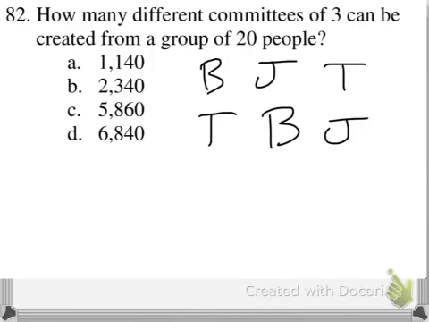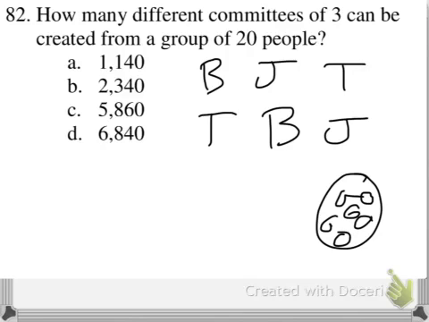So therefore, this is like our combination pizza, because it doesn't matter what ingredients you put on first on the pizza, it is still the same pizza. A Hawaiian is a Hawaiian no matter whether you put the pineapple before the ham or vice versa. So, because I'm going to be using a combination, I'm going to use this button on the calculator.